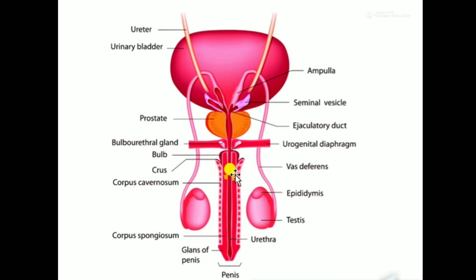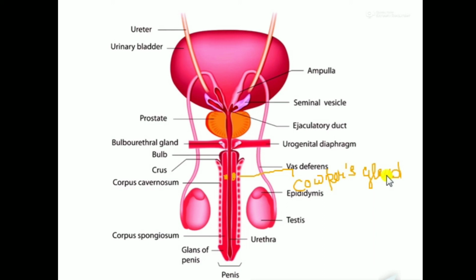These yellow dotted portions are the Cowper's gland. Let me write it. This gland secretes mucus, which helps in lubrication.